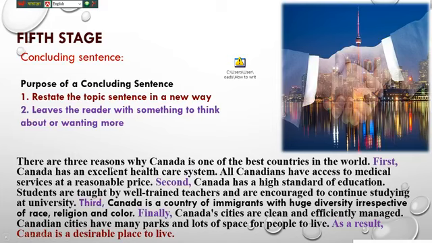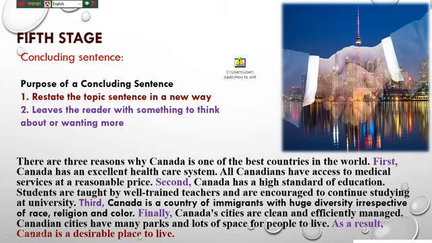Yes, there are three reasons why Canada is one of the best countries in the world. This is our today's topic sentence, and ultimately the concluding stage restates the topic sentence in a new way. So if I consider this, finally, Canada's cities are clean and efficiently managed.